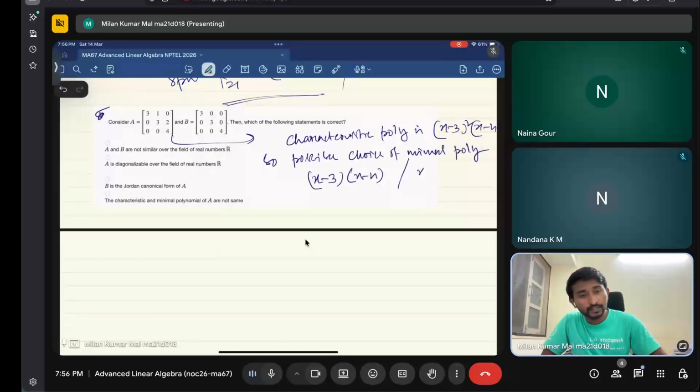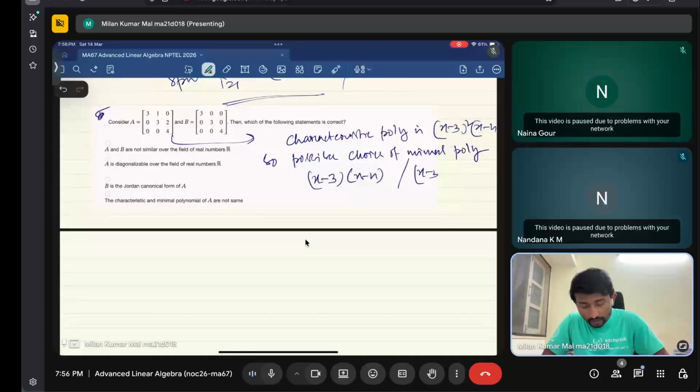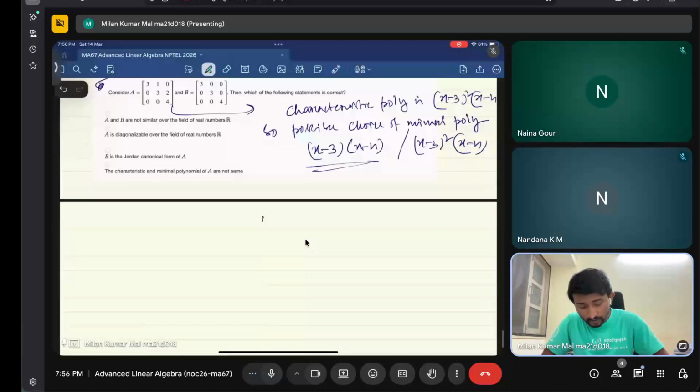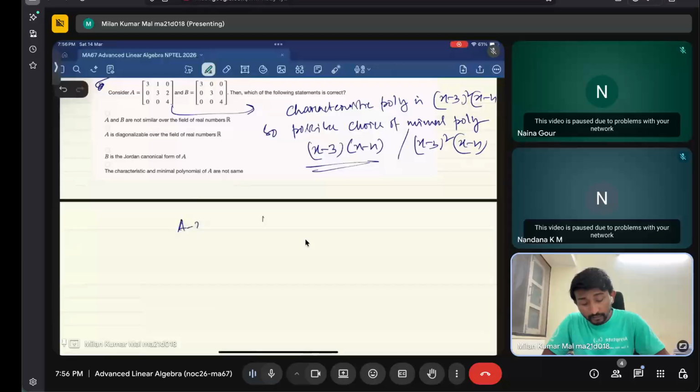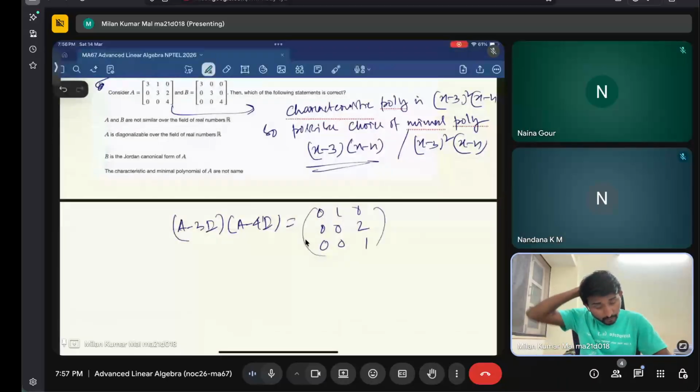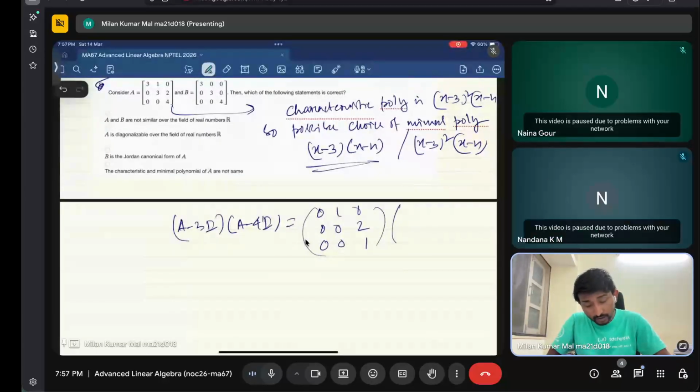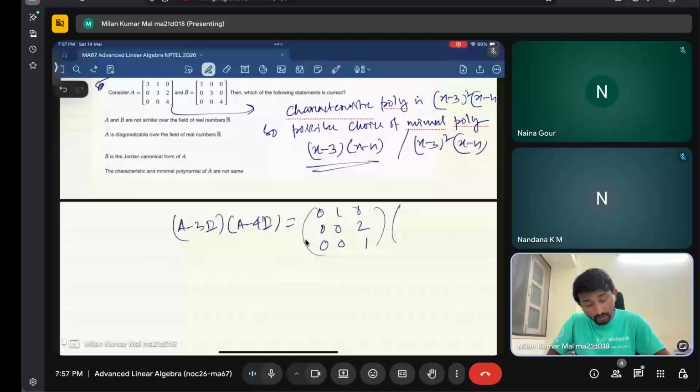So let's check whether this is satisfied or not. A minus 3I times A minus 4I equals the matrix with rows 0, 1, 0; 0, 0, 2; 0, 0, 1, times the matrix with rows minus 1, 1, 0; 0, minus 1, 2; 0, 0, 0.